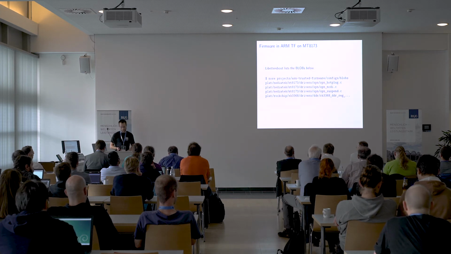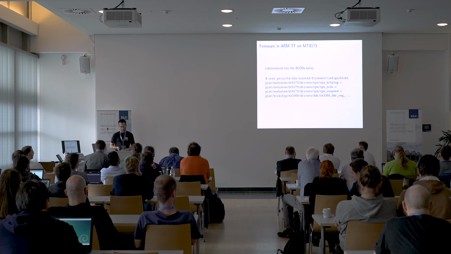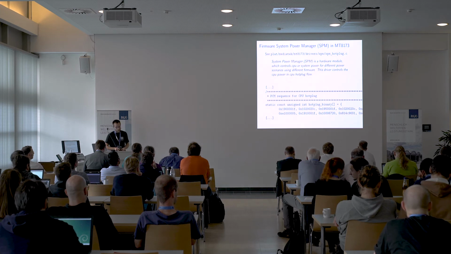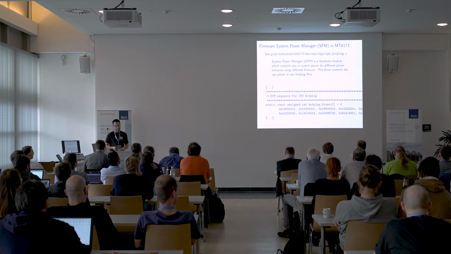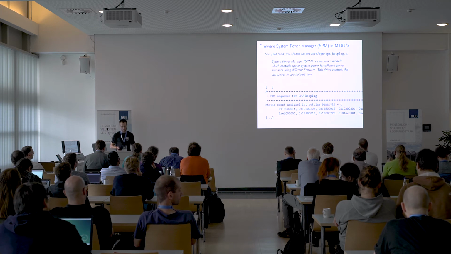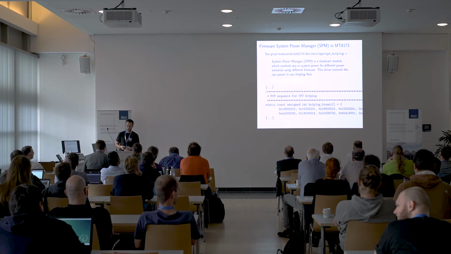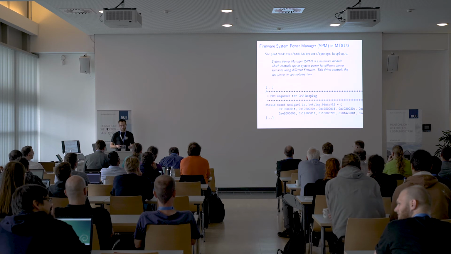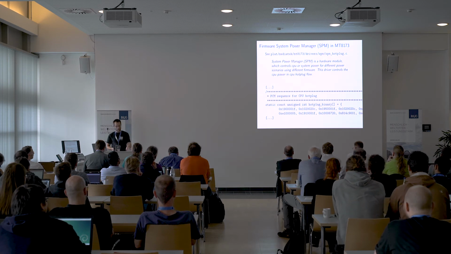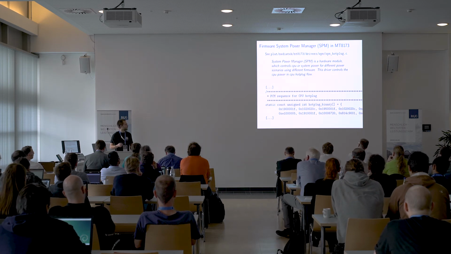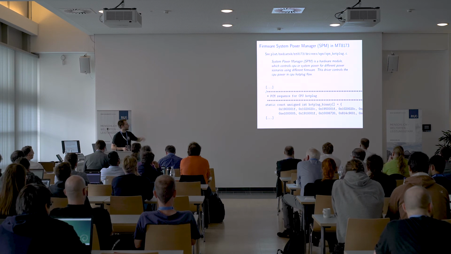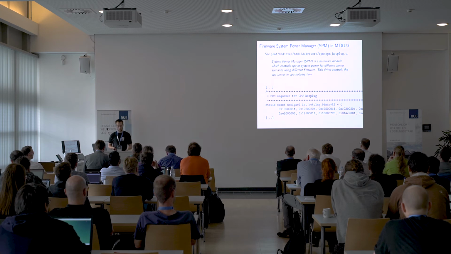The org one is not used in the device I'm talking about. So there's a system power manager which needs firmware, and how the firmware is included in these files is using these arrays. So there are three files.